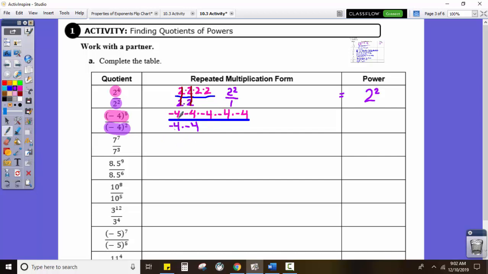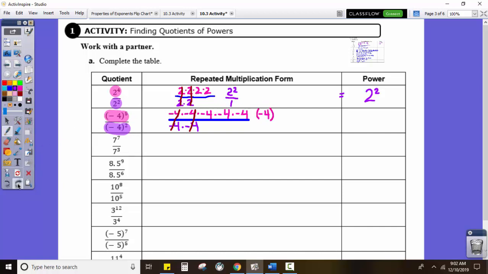Now when I reduce, negative 4 divided by negative 4 is 1 whole. Then I have another set, negative 4 divided by negative 4 is 1 whole. So in the numerator I had 5 negative 4s, and in the denominator I had 2 negative 4s. Let's see what we're left with: 1, 2, 3 negative 4s.